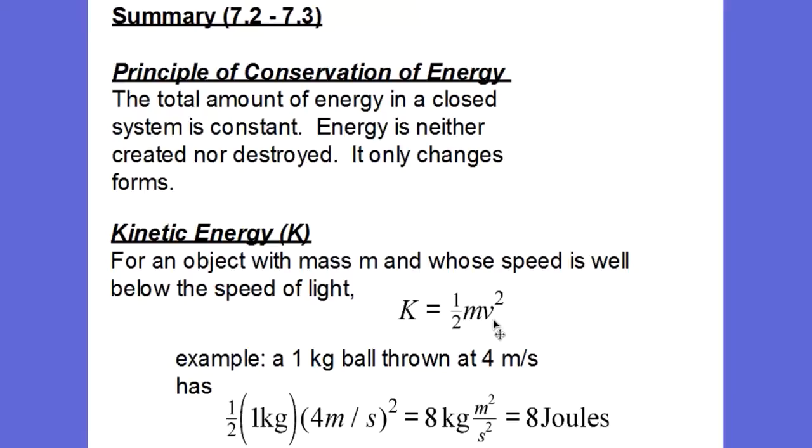So for example, if I throw a ball that has a mass of 1 kilogram and it's traveling 4 meters per second, 1/2 times the mass times the velocity squared gives me 8 joules. Joules is the unit that we use for energy. It is the name we give to the unit of kilogram meter squared per second squared.